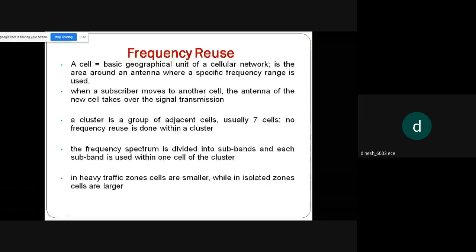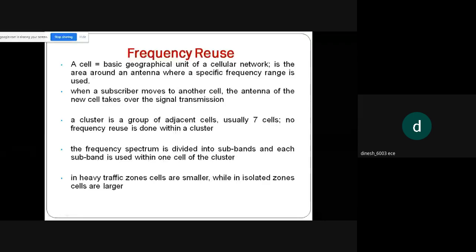So that is the meaning: when a subscriber or user moves from one geographical region to another, the antenna of the new cell takes over the transmission link. That is where roaming occurs.